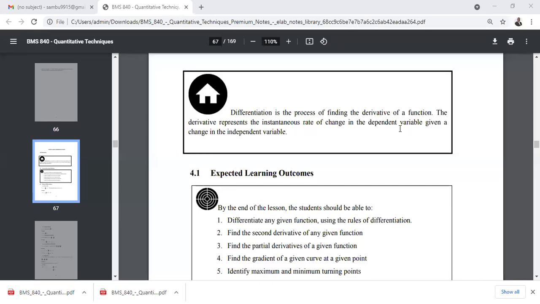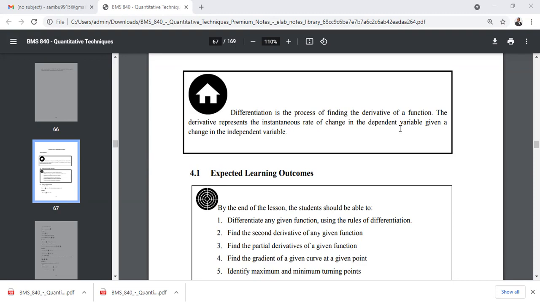Well, we go on. So differentiation is the process of finding the derivative of a function. And when we talk of the derivative, we are talking of the instantaneous rate of change in the dependent variable, given the change in the independent variable.